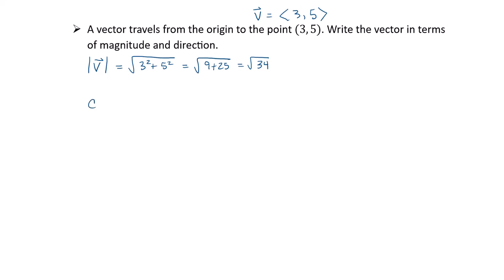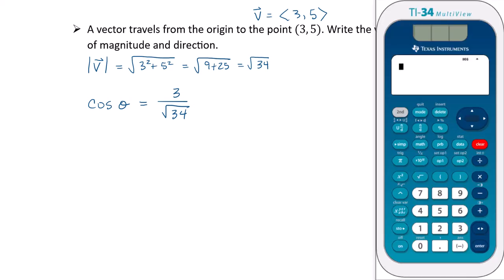Now I know that my cosine of theta is x over the magnitude of the vector. x is 3. The magnitude of the vector is square root 34. So I'll use my calculator to figure this. Making sure that the calculator is in degree mode, we'll go into the trig menu and find the inverse cosine function.